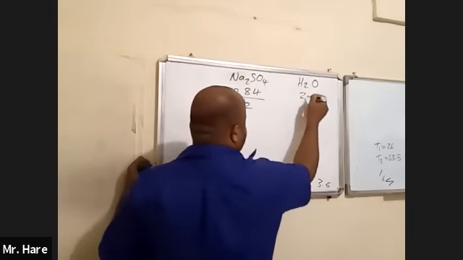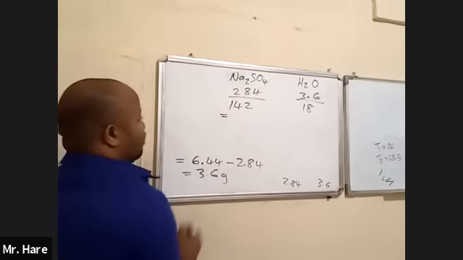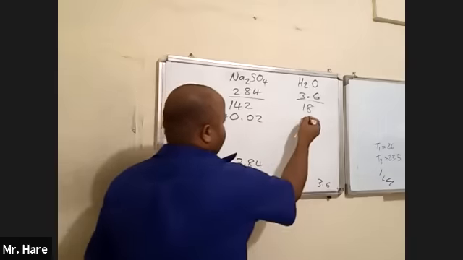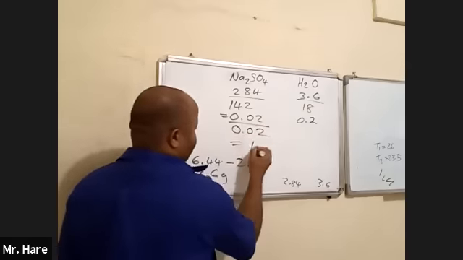And for water, 18. What's the answer here? 0.02. And here, 0.2. And so we divide by the smallest one, and we get 1 and 10.